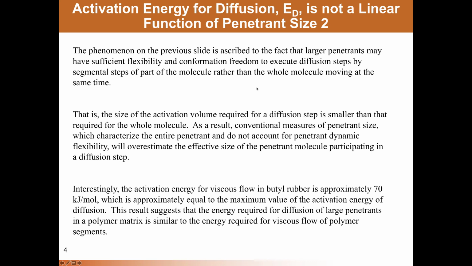And so that prompts the notion that the energy required for diffusion of large penetrants is similar to that required for viscous flow of the polymer segments, which is an interesting concept in the literature.